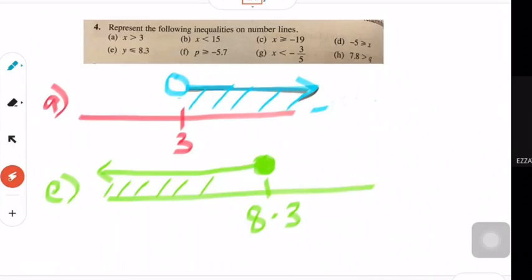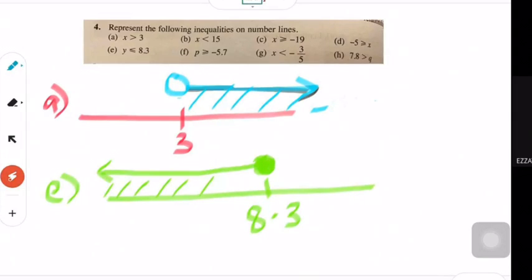So this one must be shaded. It means that 8.3 must be included. It's included in the listing. When you list, 8.3 pun termasuk lah dalam nilai tu. Understand? Tu bezanya how we represent the inequalities on the number lines. Okay?